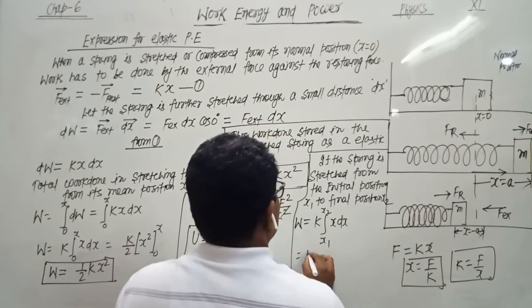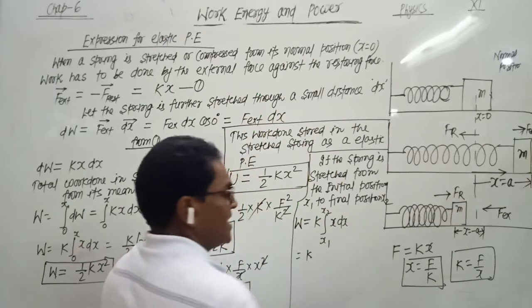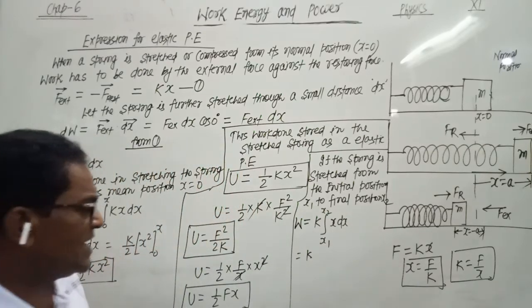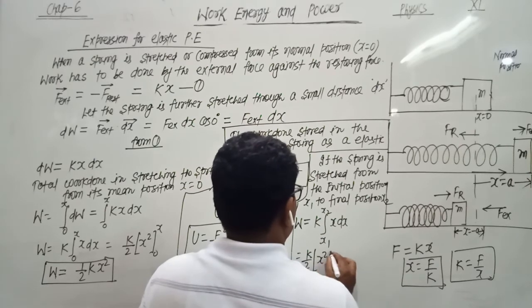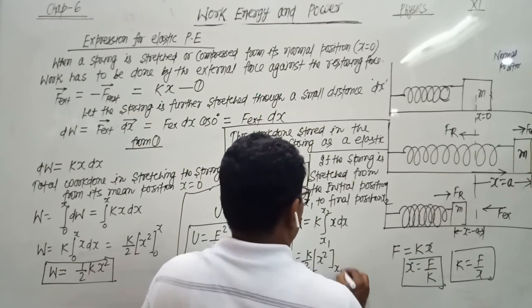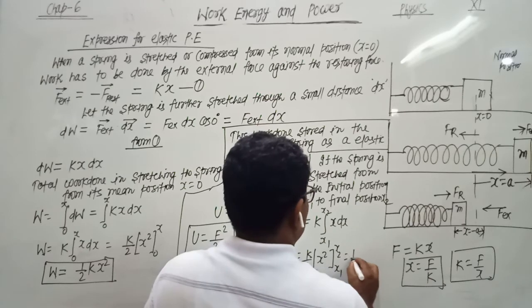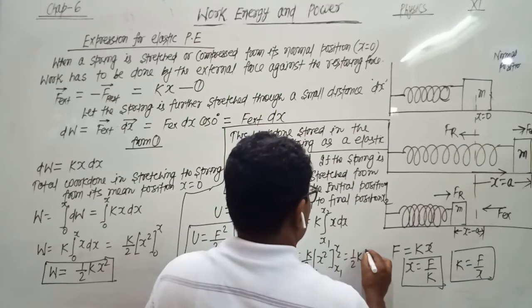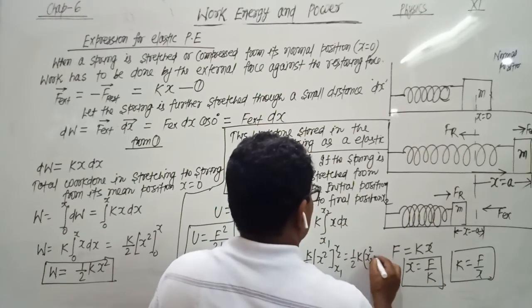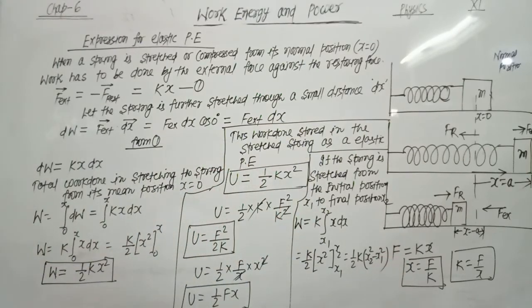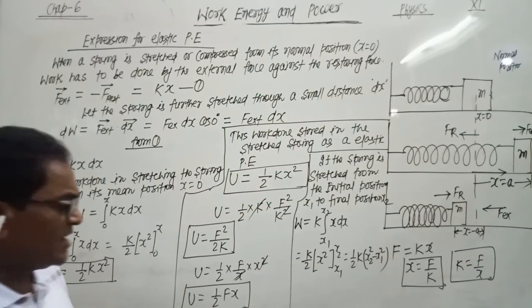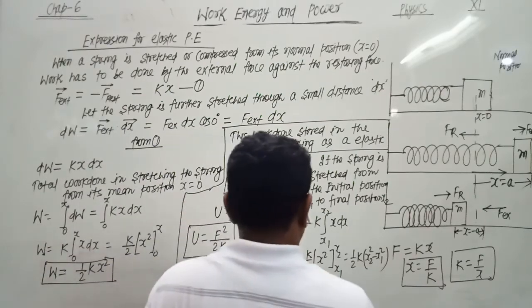So the integration of x dx is x square by 2. So k by 2 x square, limit x1 to x2, which equals 1 by 2 k (x2 square minus x1 square).